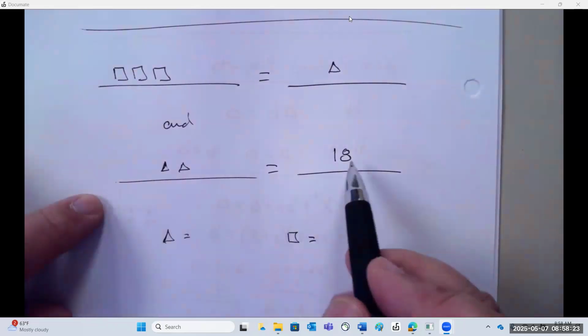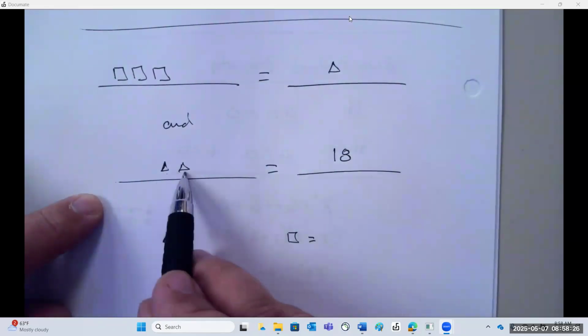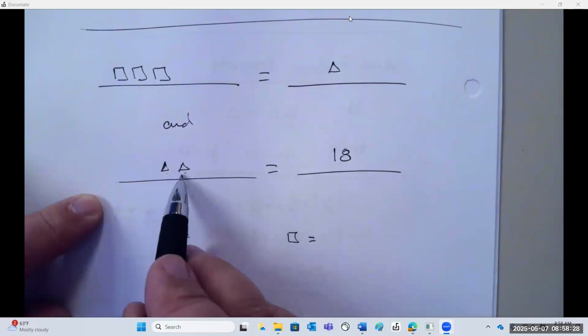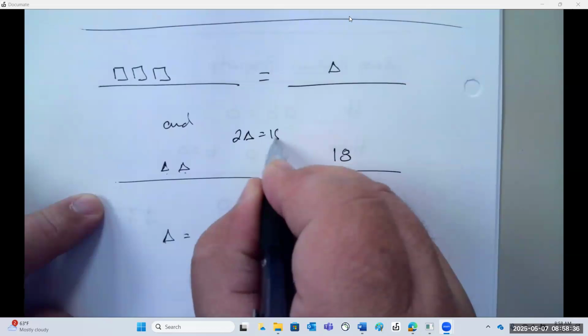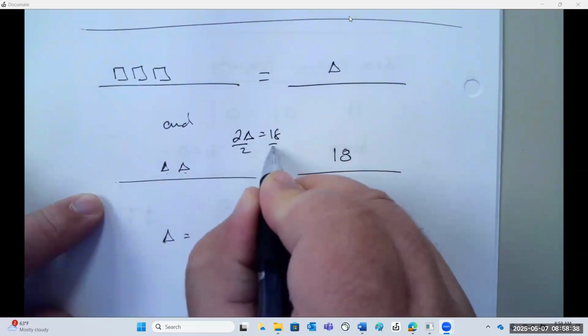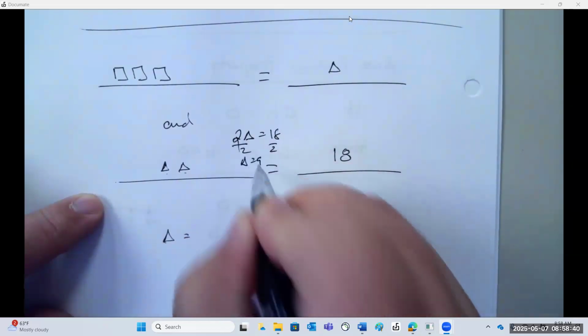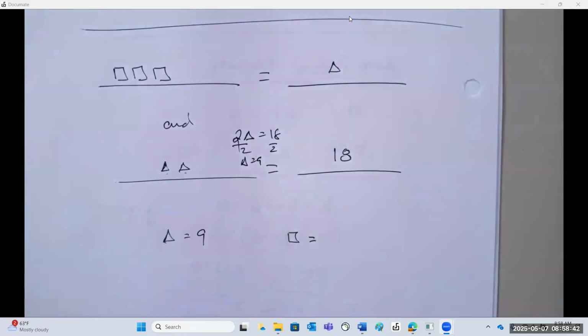Since this is the only one that has a number on it, we have 2 triangles equals 18. So how much is each one of these triangles? Yeah. So we have 2 times triangles equals 18. Divided by 2, 1 triangle equals 9. So each triangle is 9. 9 plus 9 is 18.